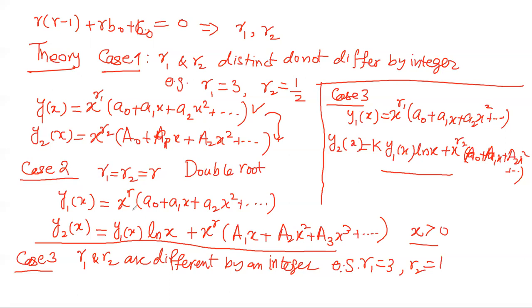Okay, so let's see one example, an application of this. For example, the equation is x into x minus 1 y double prime plus 3x minus 1 y prime plus y is equal to 0.